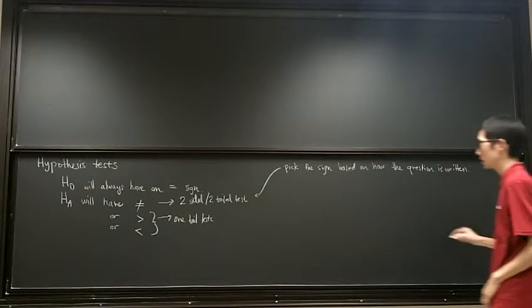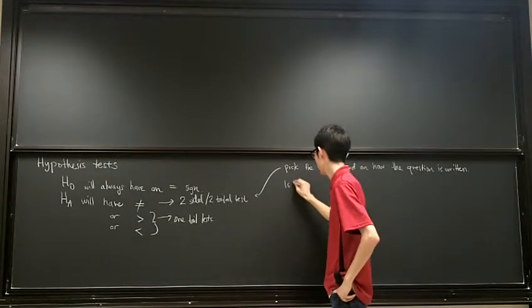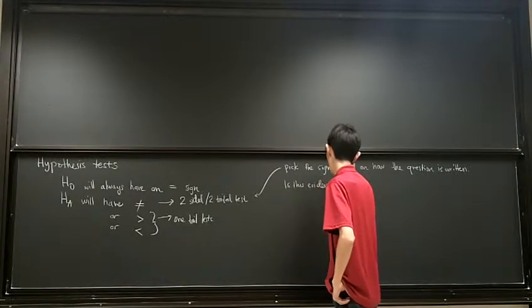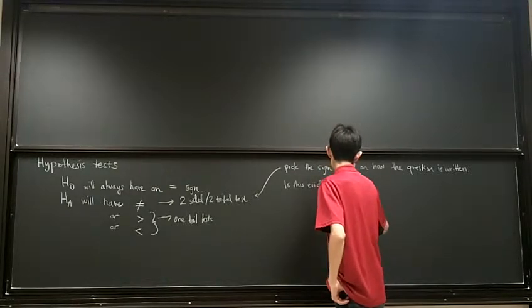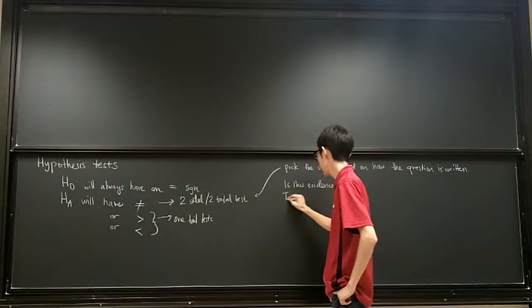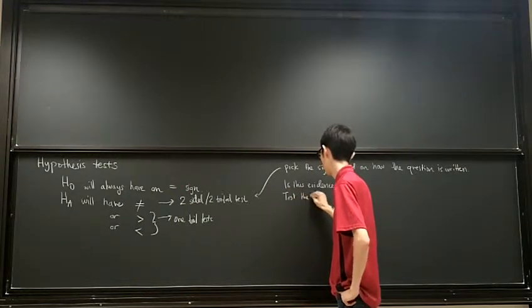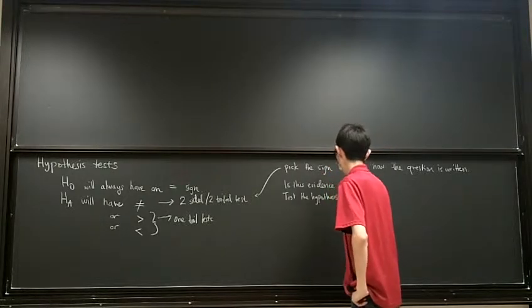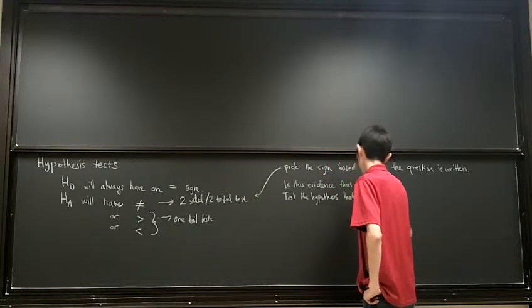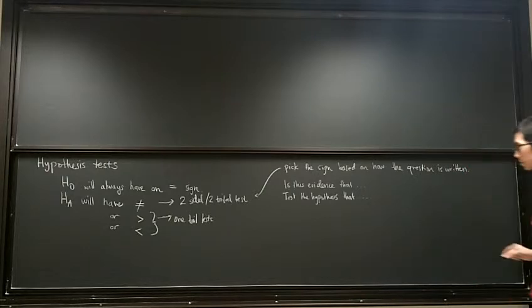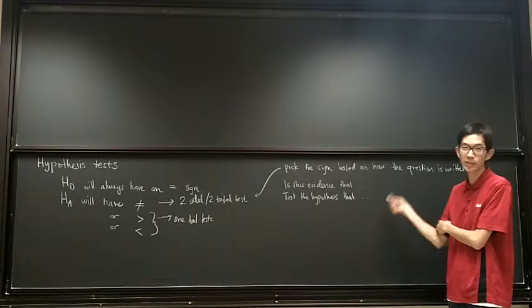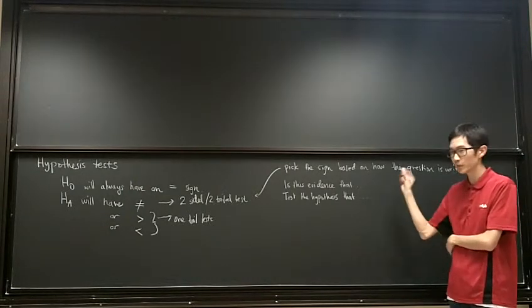you might see something like, is this evidence that something, something, something? Or test the hypothesis that, okay? And usually it'll be like that, the average or the proportion or whatever it is that you're dealing with will be in there.